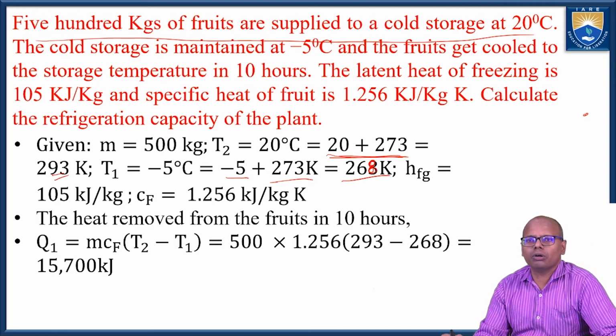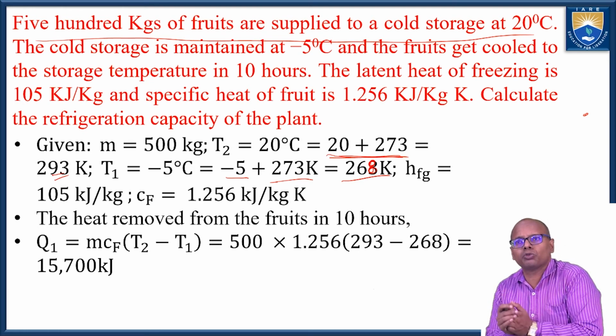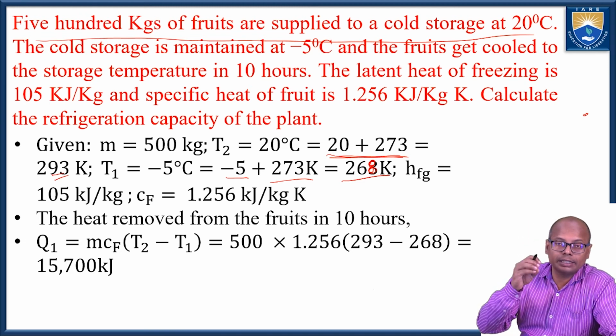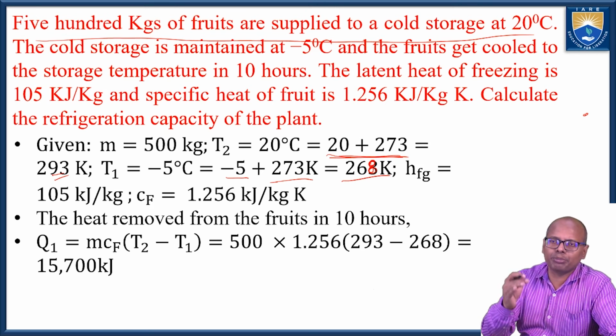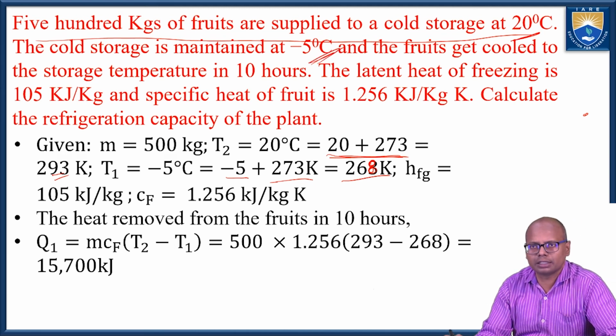Now, what is the thing required? The fruits get cooled to the storage temperature in 10 hours. So in 10 hours, the temperature of the fruits comes from 20 degrees to minus 5 degrees centigrade.